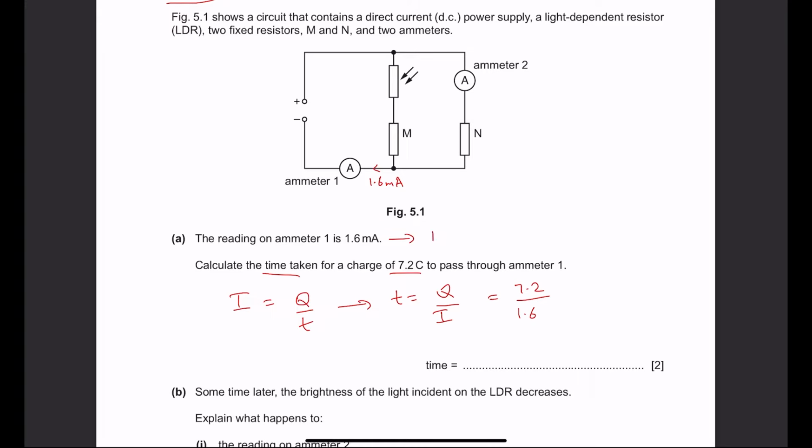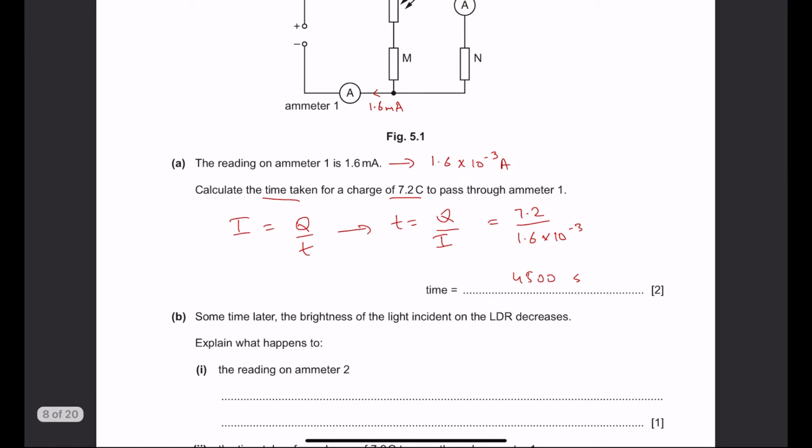So you convert that into amperes, which will be 1.6 times 10 to the power minus 3 amperes. So when you do that, you will get your time, which will be, let's calculate this, 4500 seconds.